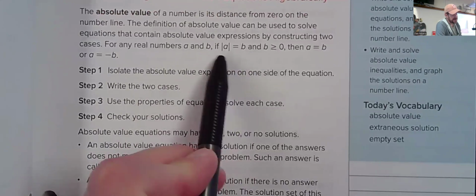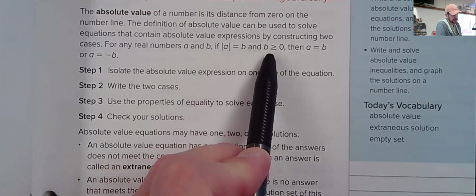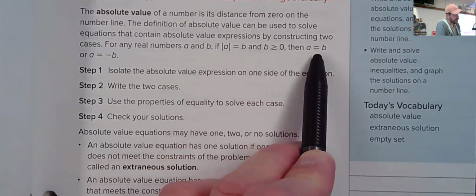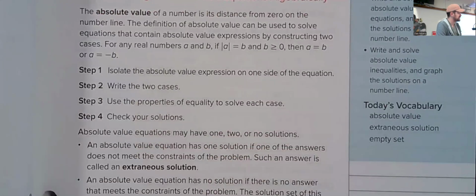If the absolute value of a is equal to b and b is greater than or equal to 0, then a equals b, or a equals the opposite of b. Let me explain.